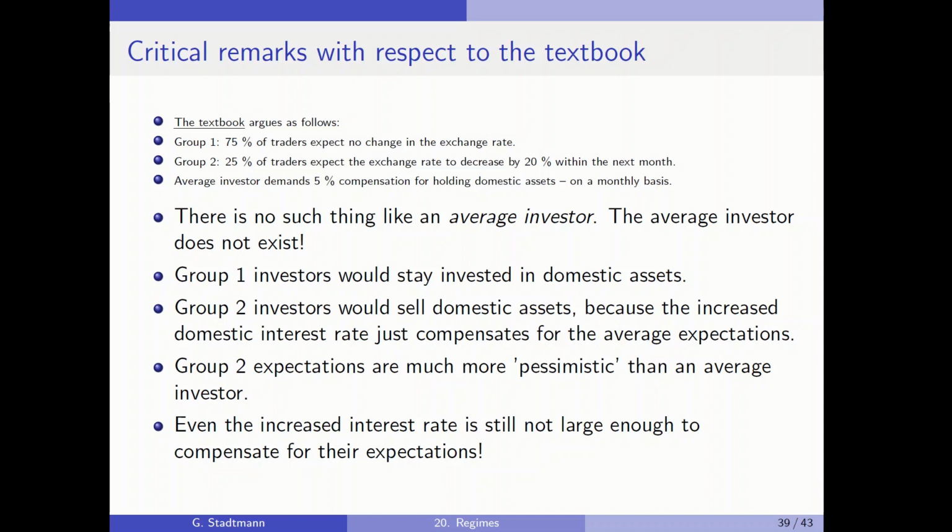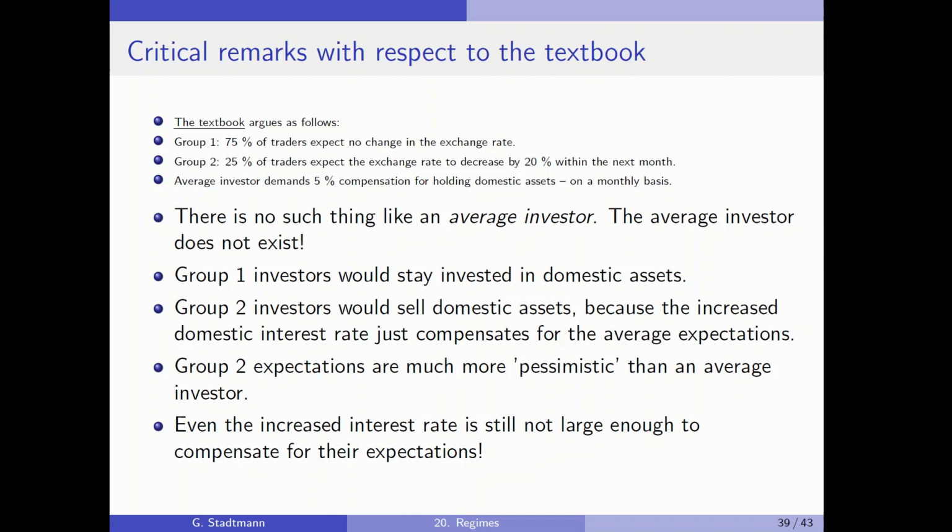But when you really think about it, there is no such thing as the average investor. The average investor does not exist. In case the central bank implements an interest rate of 64%, then Group 1 investors would stay invested in domestic assets, but Group 2 investors would sell domestic assets, because the increased domestic interest rate just compensates for the average expectations.